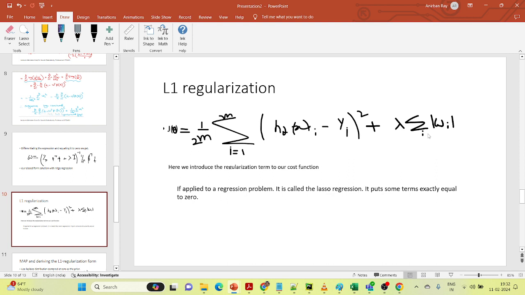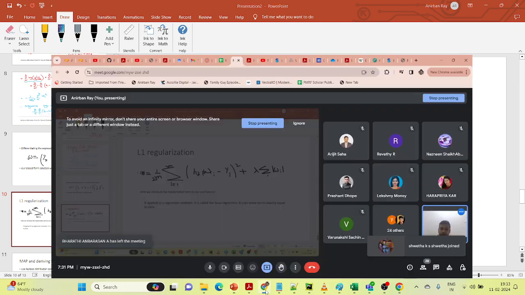Next, L1 regularization, in which we use the L1 norm here. I'll just explain the norm as well.